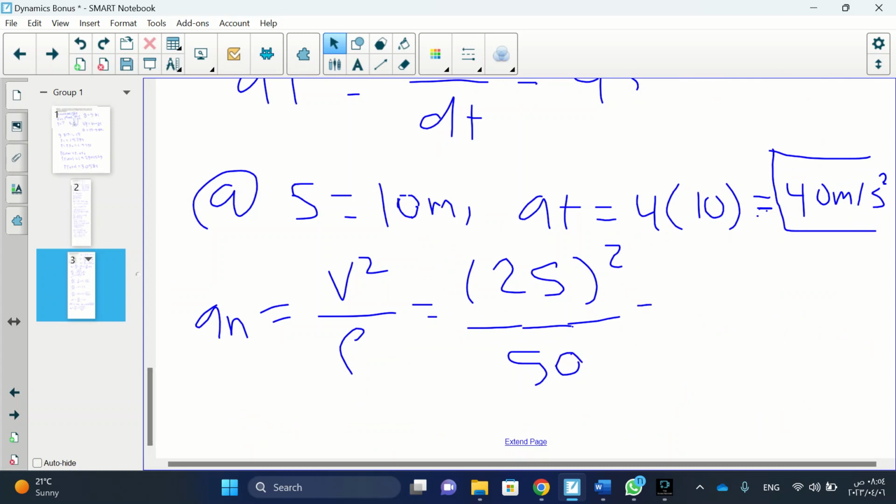So we will say 2 square times s square, which is 10, because the question wants s at 10. So 2 square times 10 square over 50.